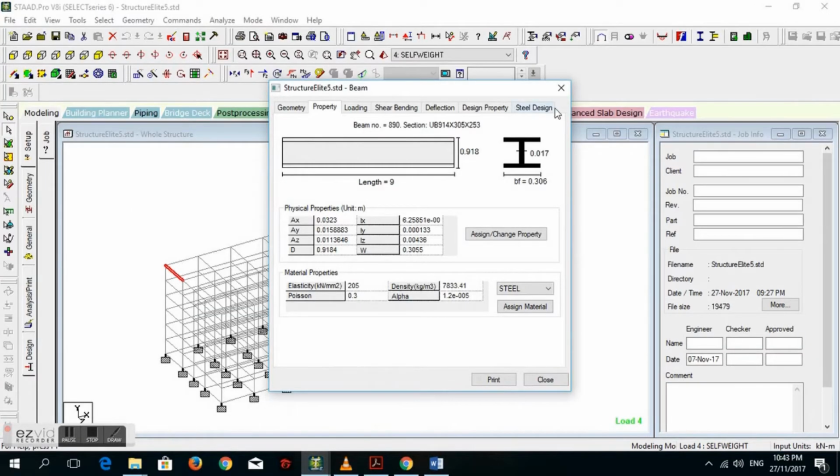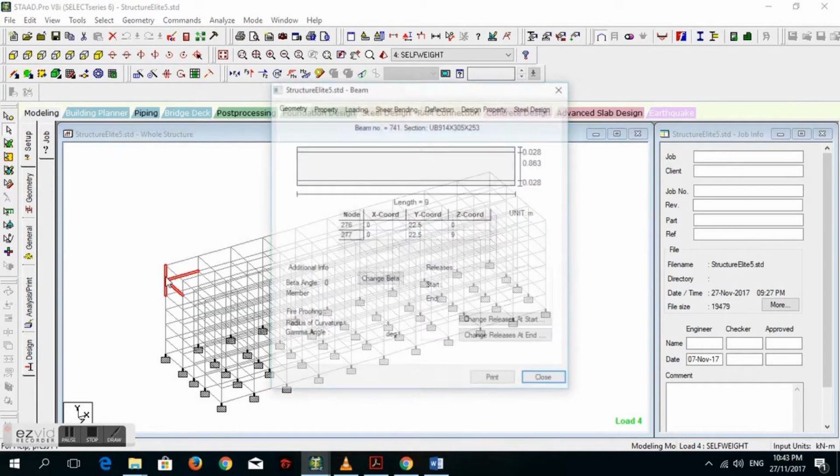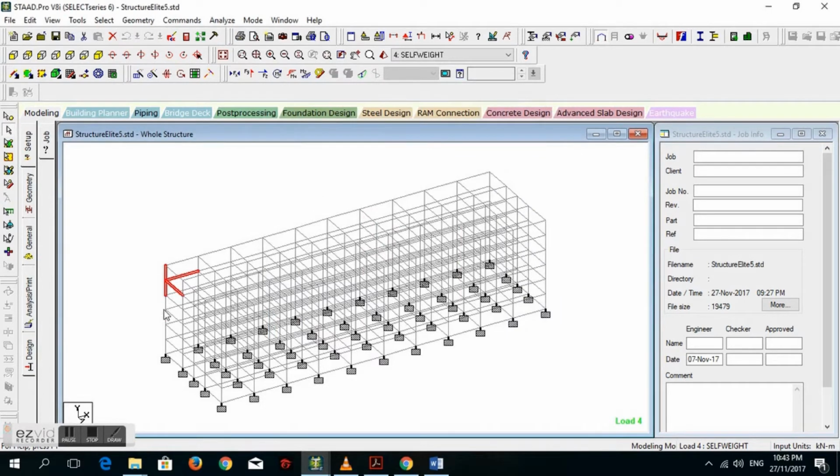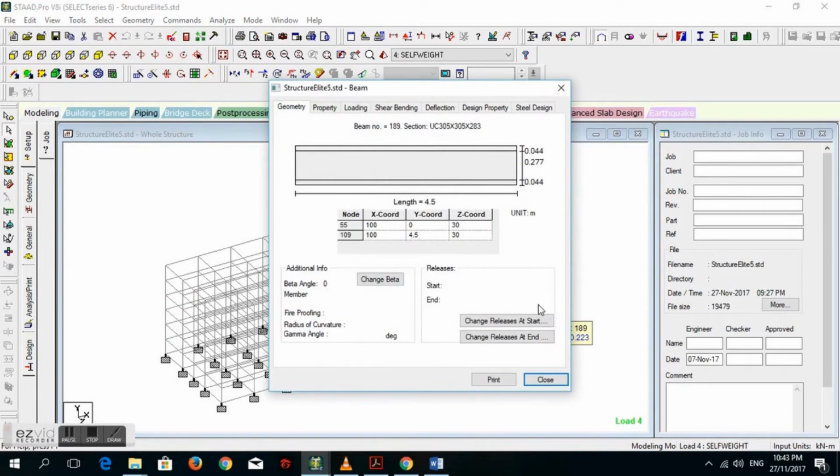Same goes for the column actually. At this column, the geometry is UC 305 305 283. We are using a British standard.